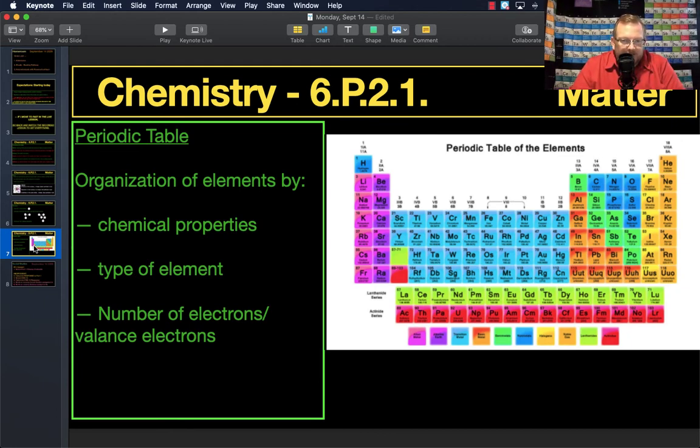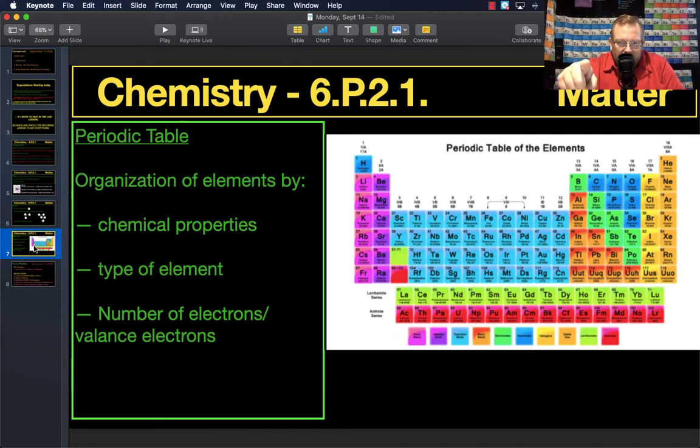It can be organized by the type of element. When I say type, I mean you see the color coding. All of the blue ones are the same type. All of the pink ones are the same type. All of the green ones are the same type. They could be grouped by chemical property, which is the column that they're in, the up and down. So you've got the number 13 column.